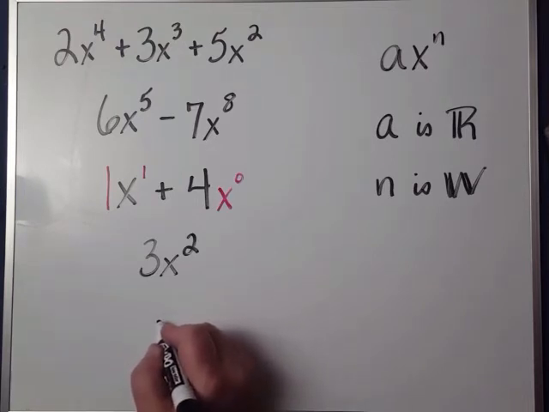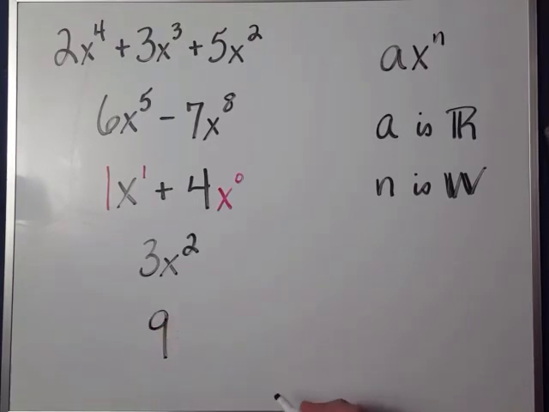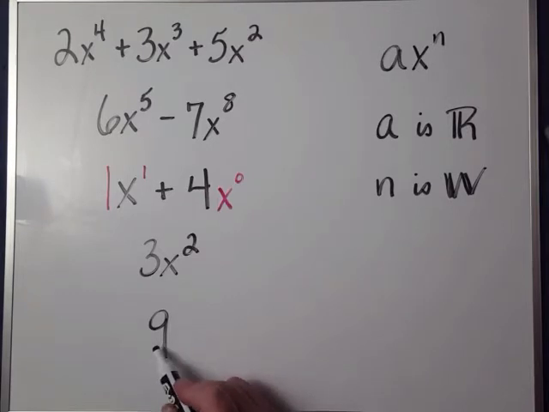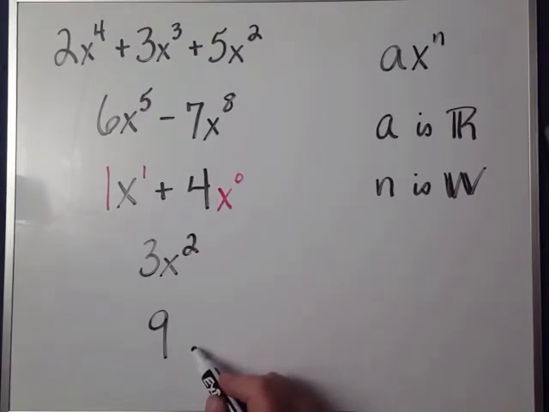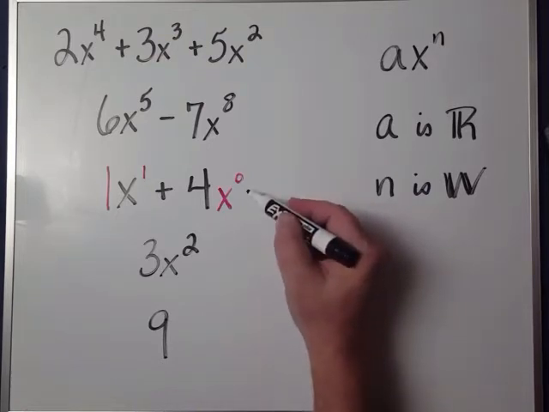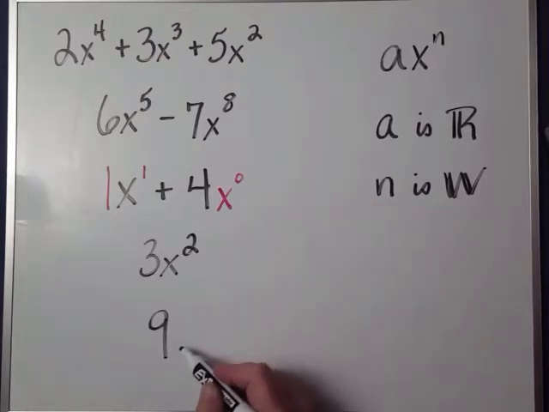What about 9? Is 9 a polynomial? Just sitting there by itself? Yes, it is. It is a term where the coefficient, that's the 9, is real, and the power on x, what's the power on x? Just like here. That's times x to the 0, and 0 is a whole number. So all of these are polynomials.